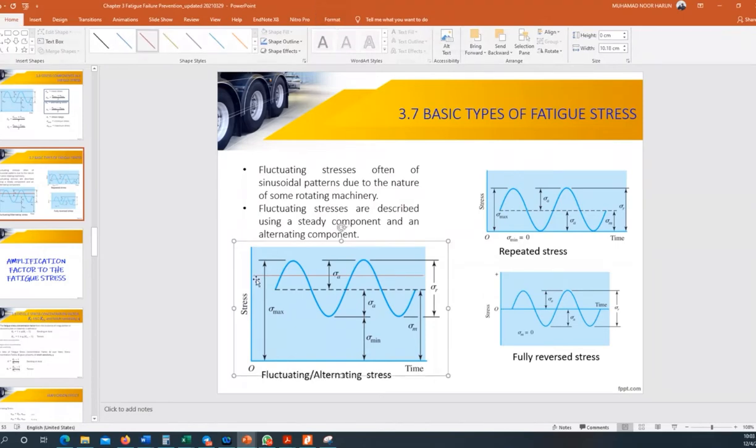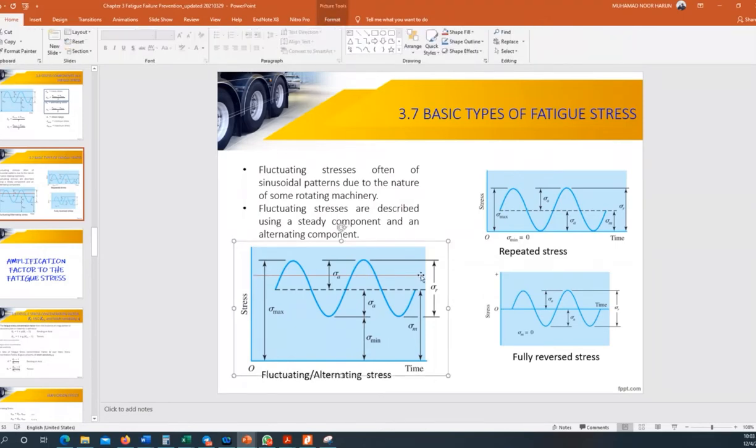Ini single load. Kalau kita bagi just one single load, there's no alternating. So this single load is like the mean stress.